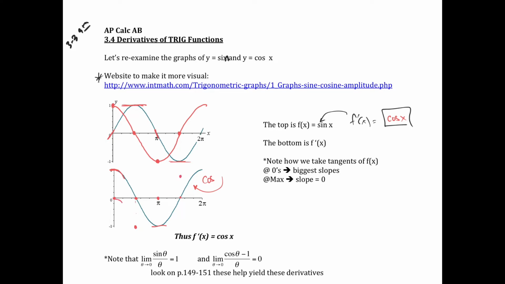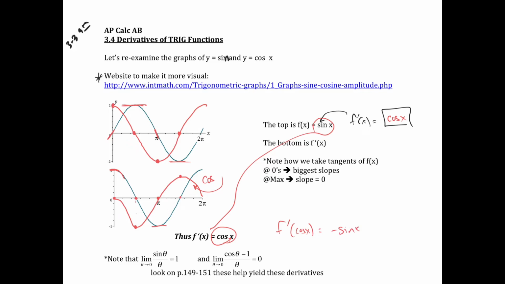So we're going to come down through here, come up, and back down like that. So f prime of x, if you have sine x, is cosine. F prime of cosine is going to be negative sine x.